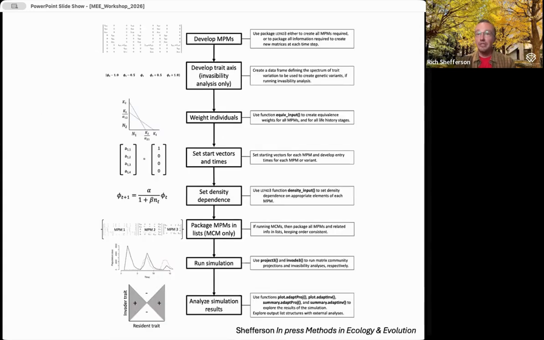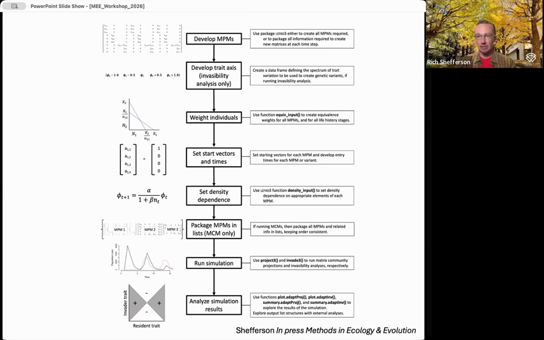Okay, so what's the procedure? Once you have everything installed, this, by the way, is a figure in the paper introducing ADAPT3. Start off by developing our NPMs. Then if we're doing adaptive dynamics, we develop what's known as a trait axis. Then we go into weighting individuals, setting start vectors and times.